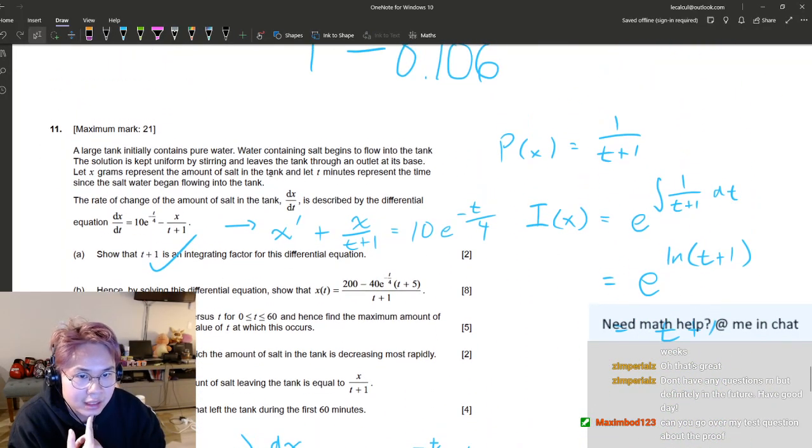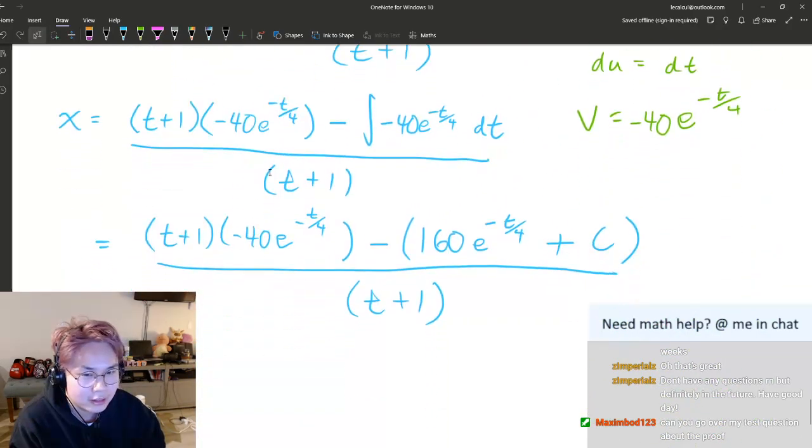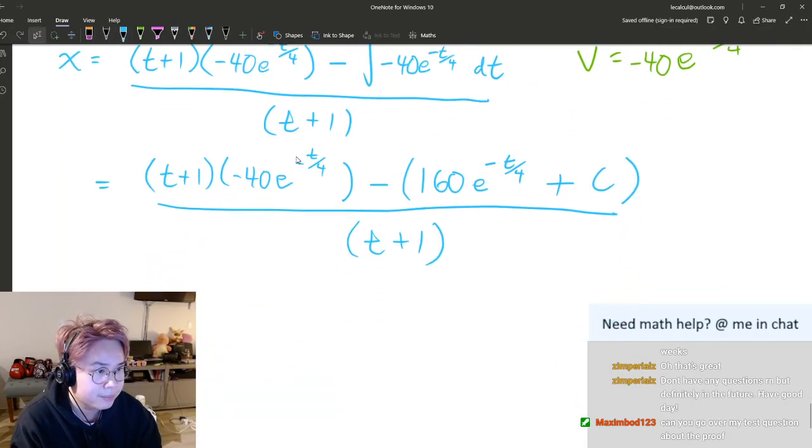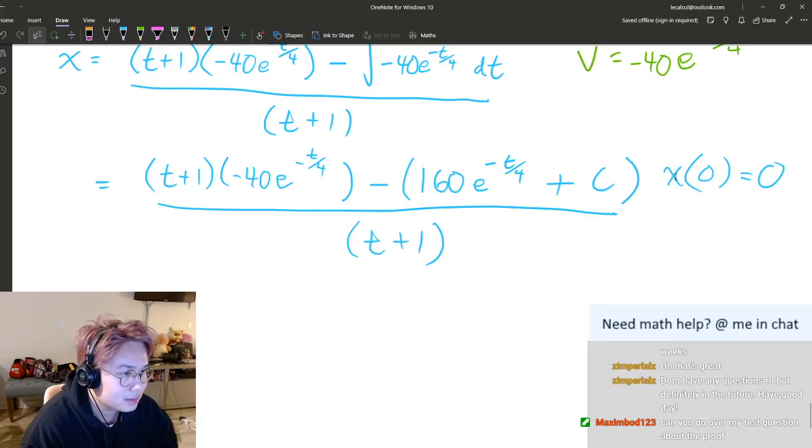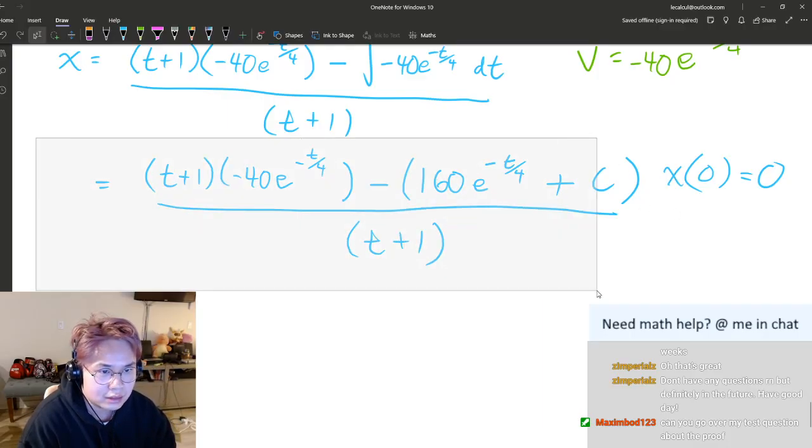So again, x is the amount of salt in the tank, and then initially there's no water. So in other words, I know that x of 0 is 0. So I can plug this in and then solve for c. So let's do that then.